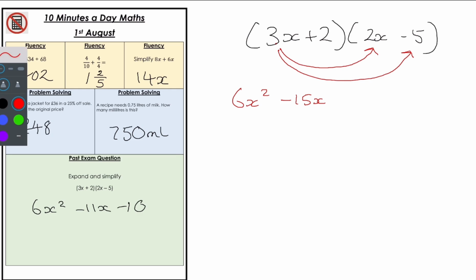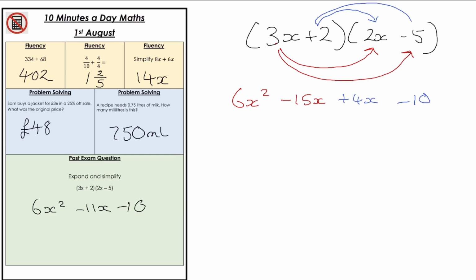Then we're going to do the next one. So 2 times 2x is plus 4x, and then 2 times minus 5 is minus 10. Now we collect the like terms. So again, the 6x squared stays the same, minus 15x plus 4x is minus 11x, minus 10. And you can see we've got to the same answer.